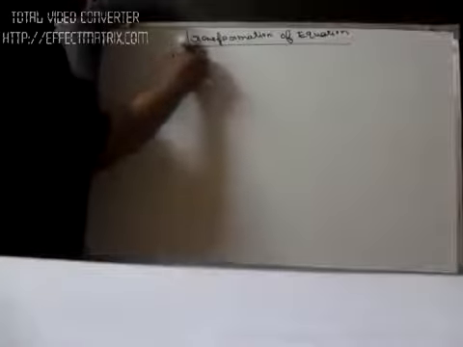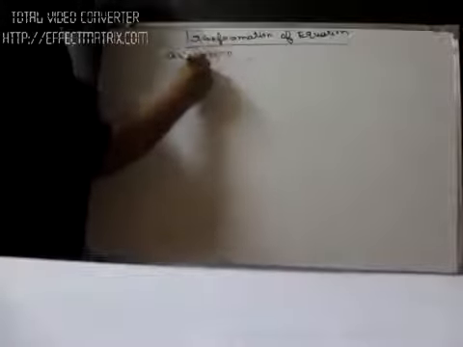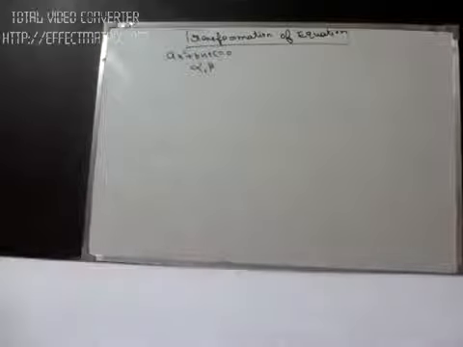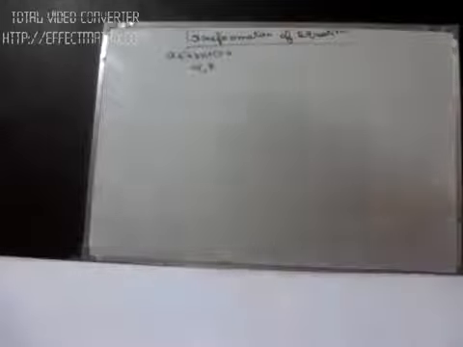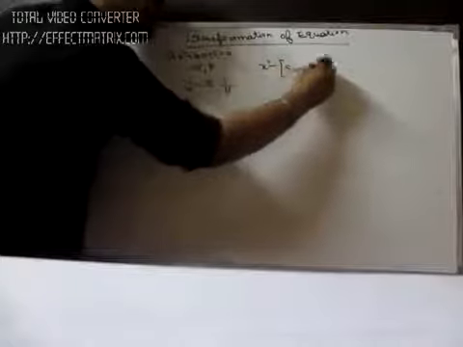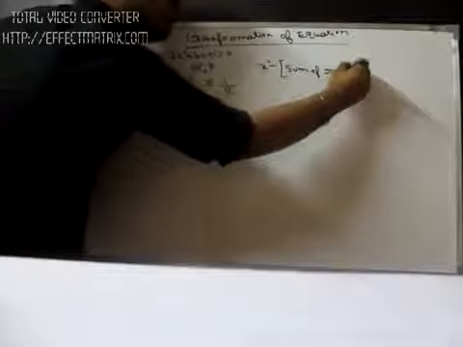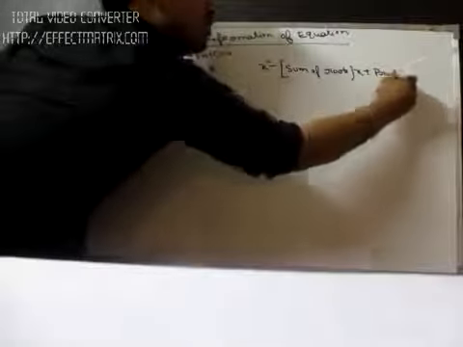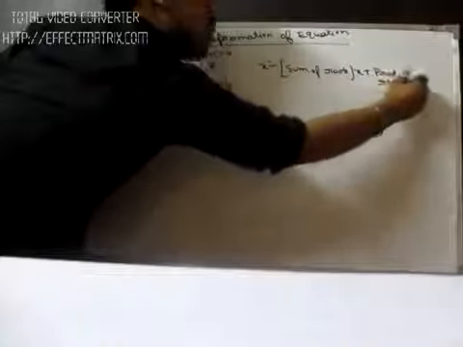Like we have given ax square plus bx plus c equal to 0 has roots alpha, beta, and we want to find an equation whose roots are the reciprocals of these, means roots are 1 upon alpha and 1 upon beta. Okay? We know that our basic equation is x square minus sum of roots into x plus product of roots is equal to 0.